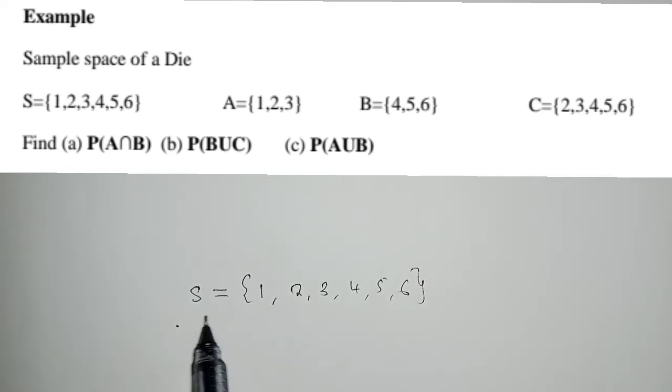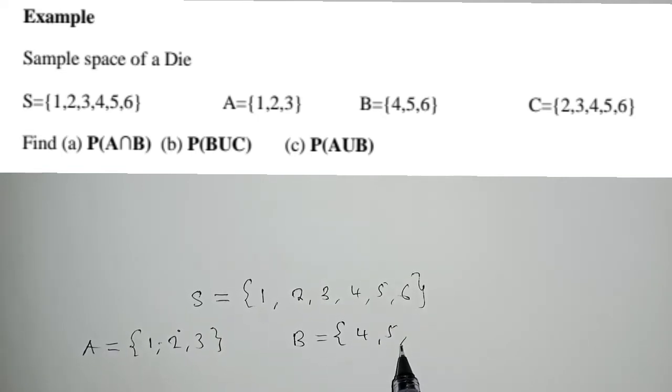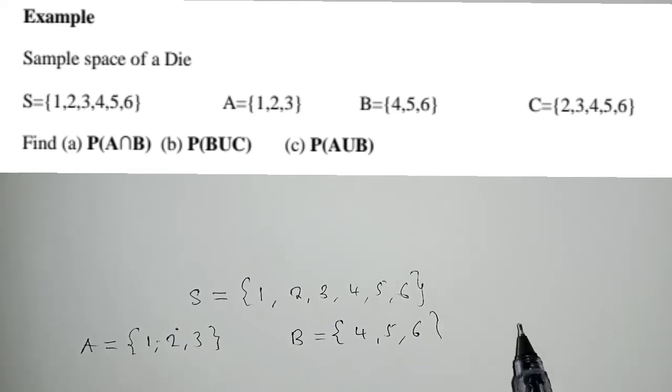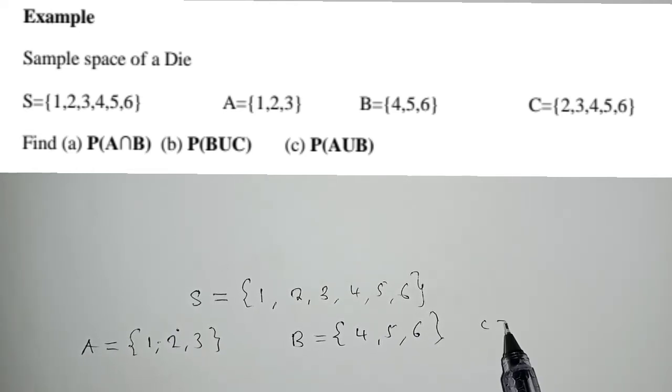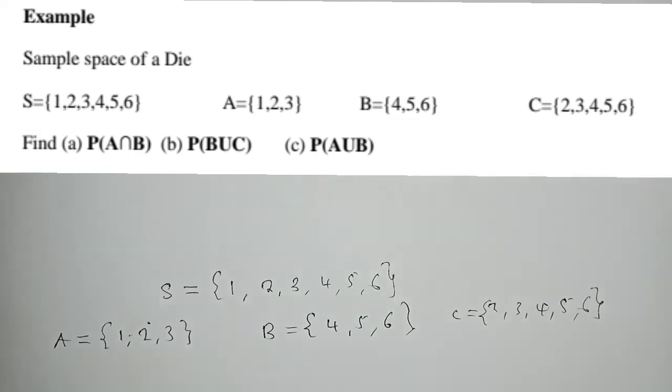This is a sample space. Set A is equal to 1, 2, 3. Set B is equal to 4, 5, 6. Set C is equal to 2, 3, 4, 5, and 6. Hopefully you can see nicely.